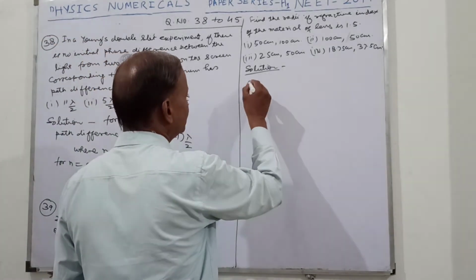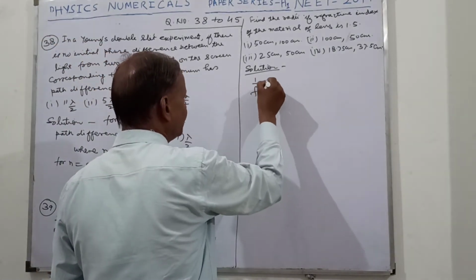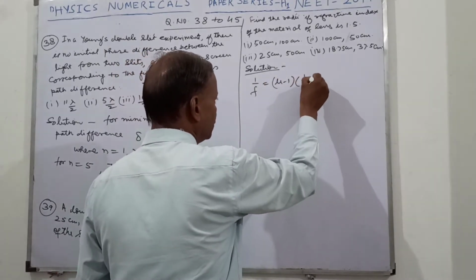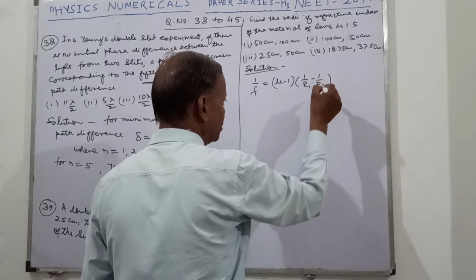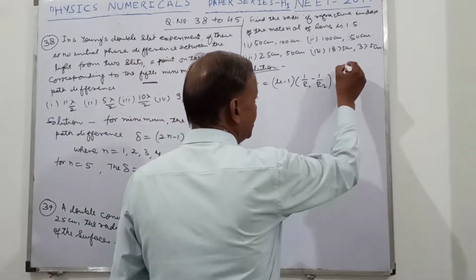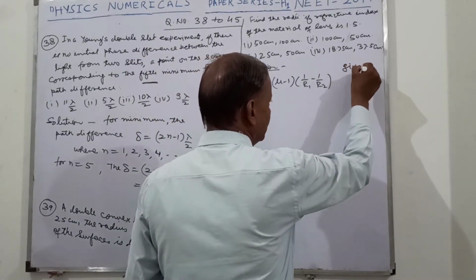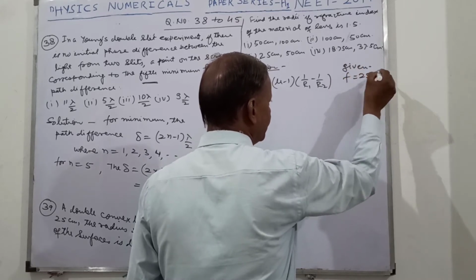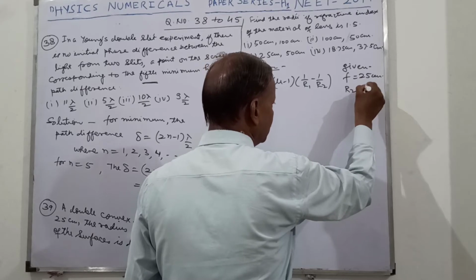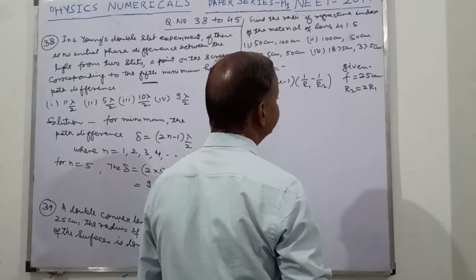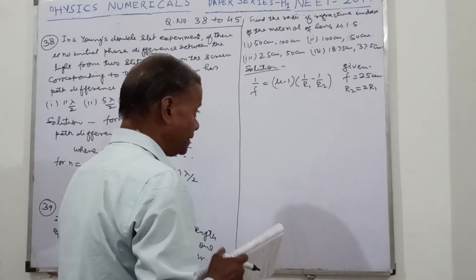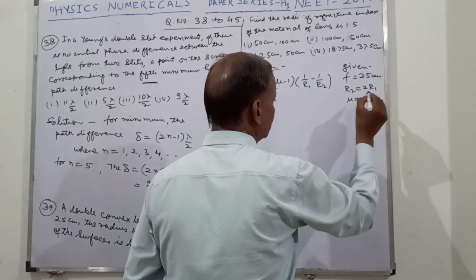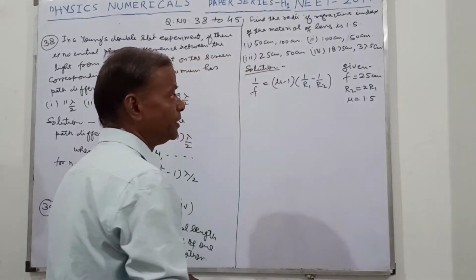So we have the formula 1 upon f equals (mu minus 1) into (1 upon R1 minus 1 upon R2). Here the given is that f equals 25 centimeter, R2 equals 2R1, and mu is equal to 1.5. You have to find R1 and R2.